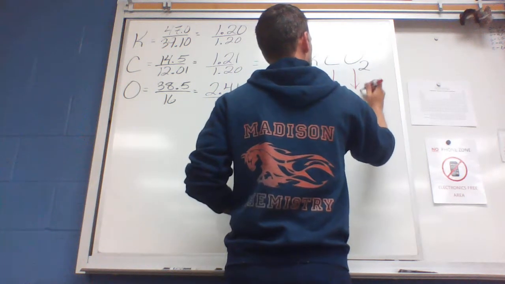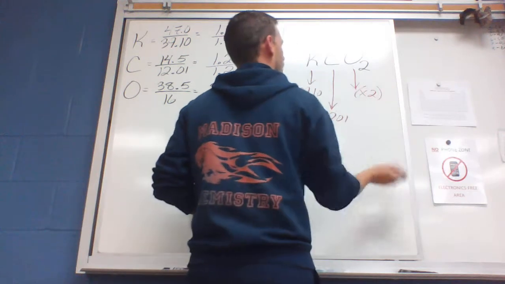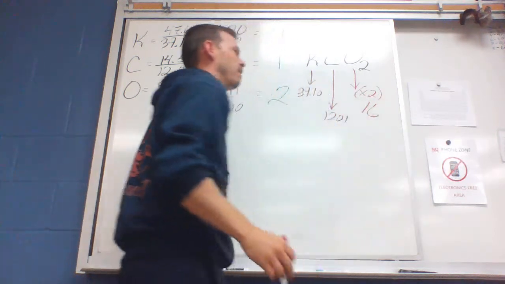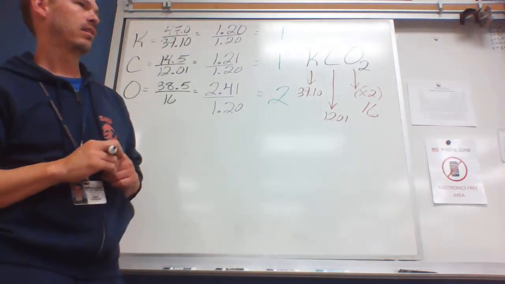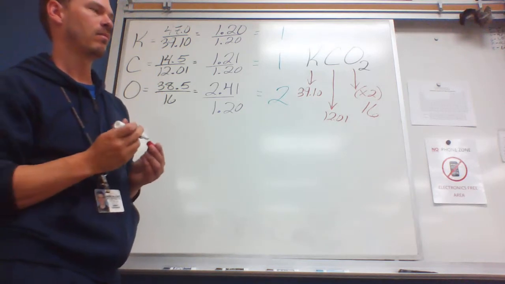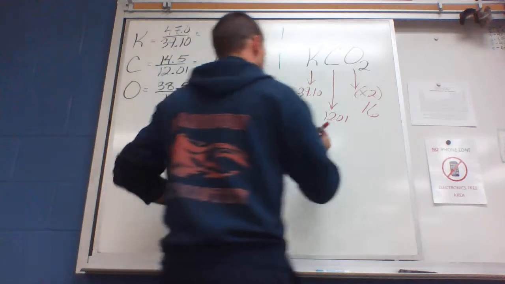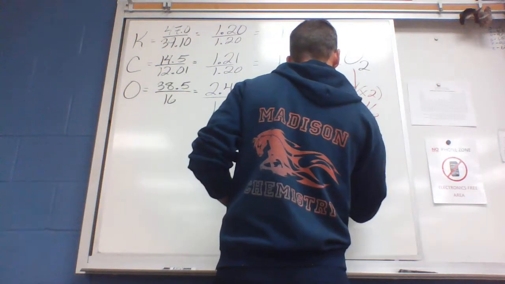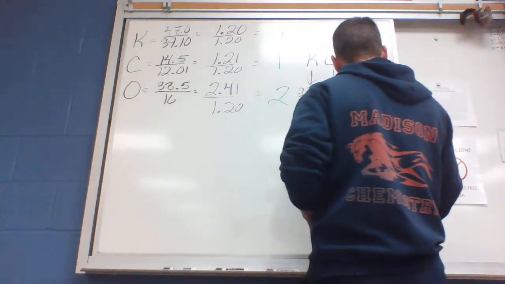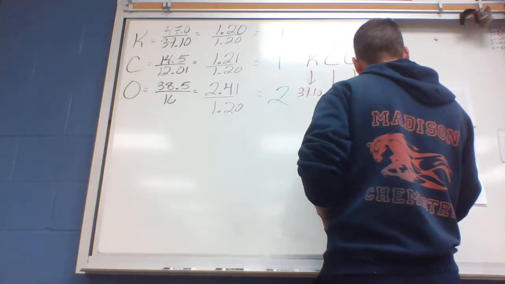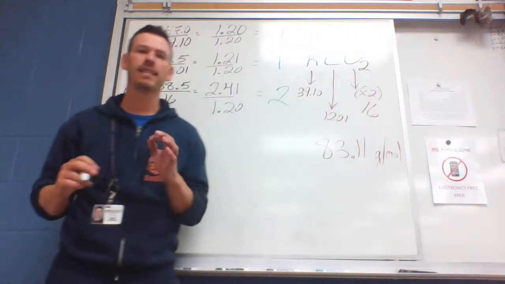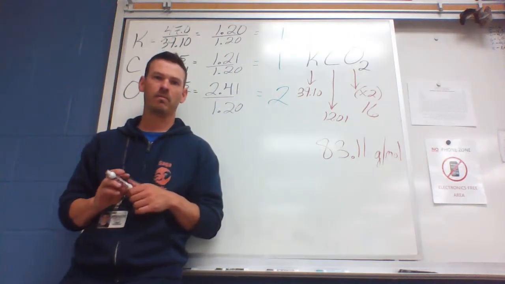And my oxygen, but there's 2 of them, is at 16 apiece. What did you get? 83.11 grams per mole is the molar mass of the empirical formula.